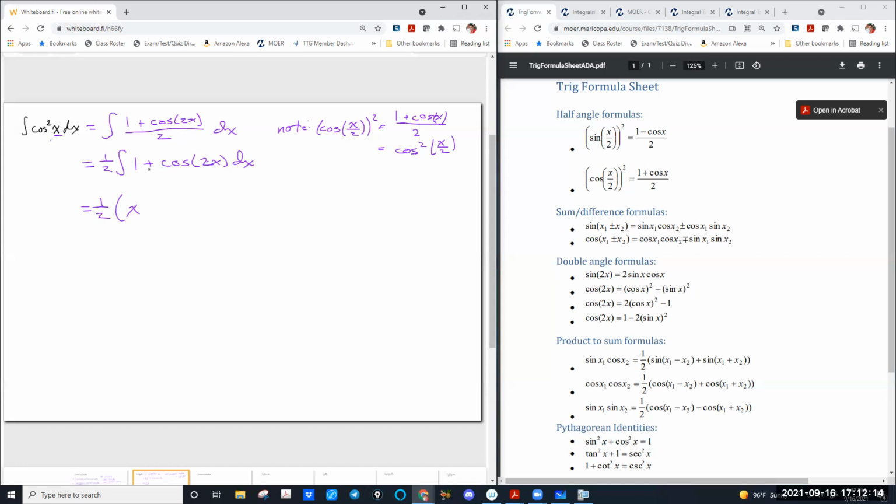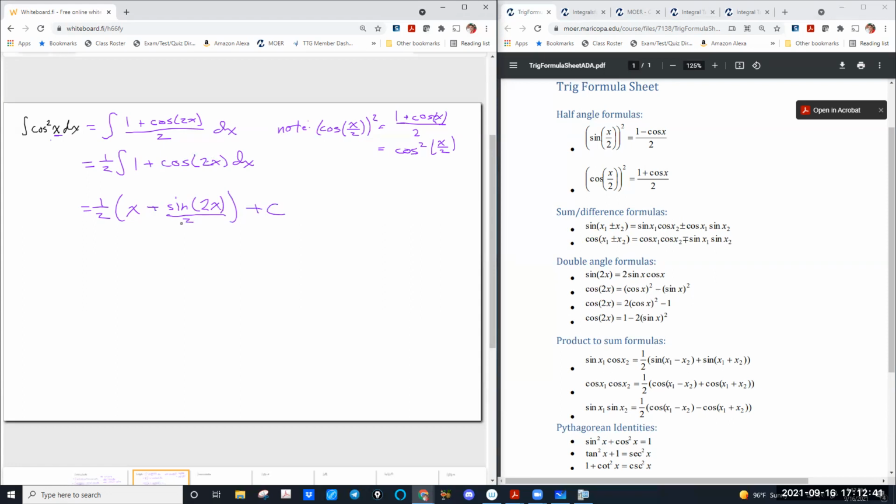We're going the opposite direction, which means instead of multiplying by 2, we have to divide by 2. So the antiderivative of cosine is sine. Remember, antiderivative is positive sine, derivative is negative sine. Sine of 2x over 2, plus c.